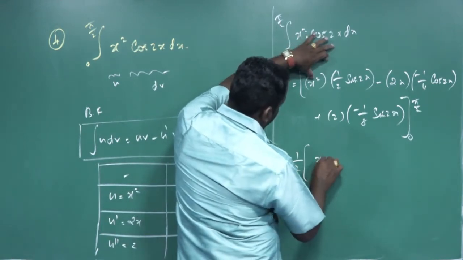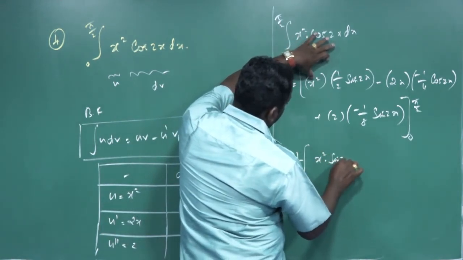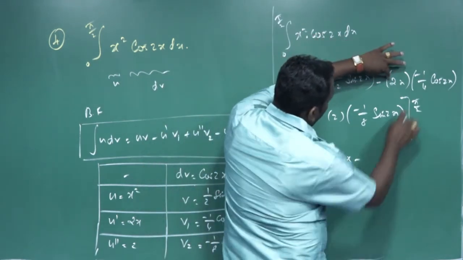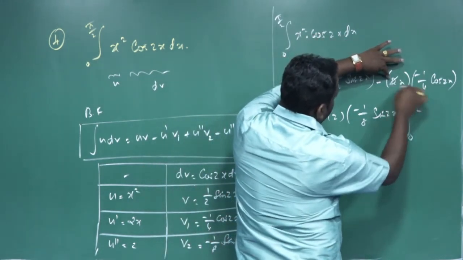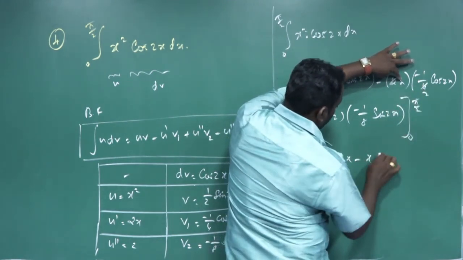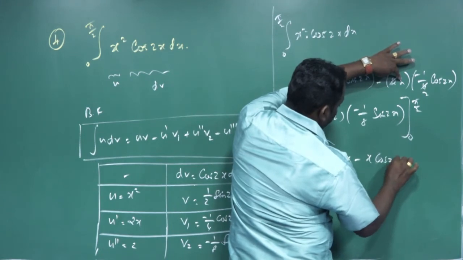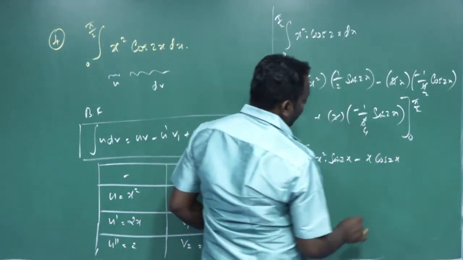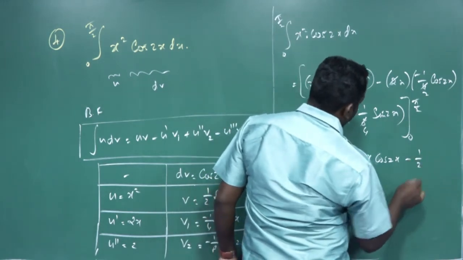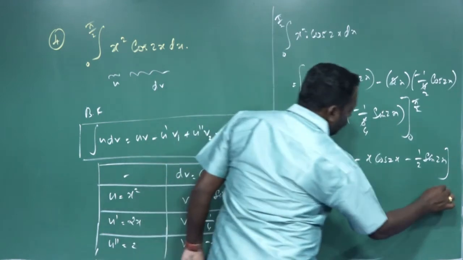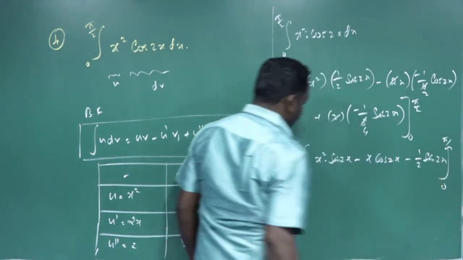Therefore it is x square into sin 2x remaining. Then minus 1 by 2, the 2s cancel, remaining x into cos 2x. So cancel the 4, again 1 by 2 taken out, minus 1 by 2 remaining into sin 2x, limits are 0 and pi by 2.